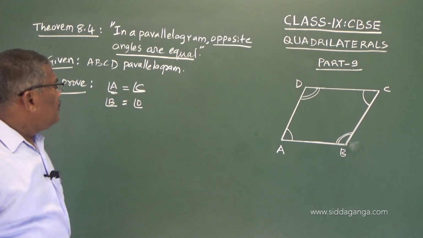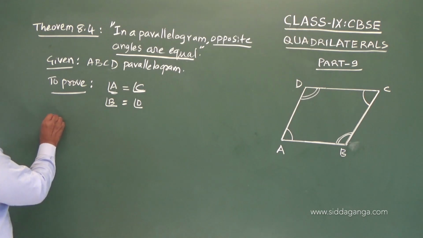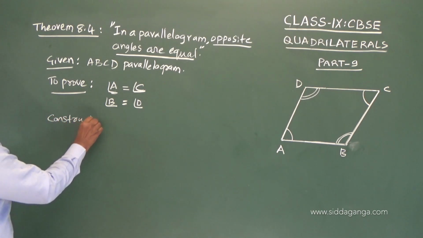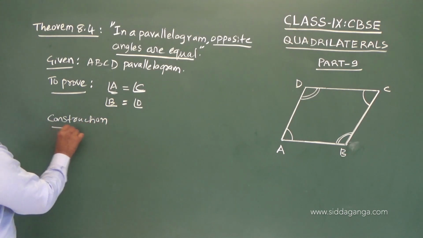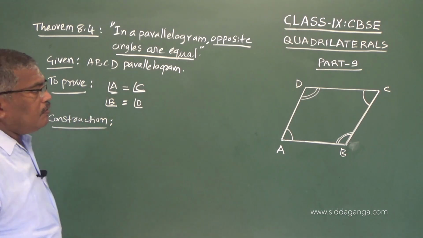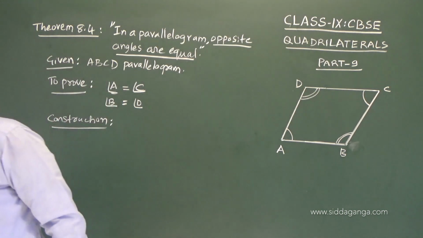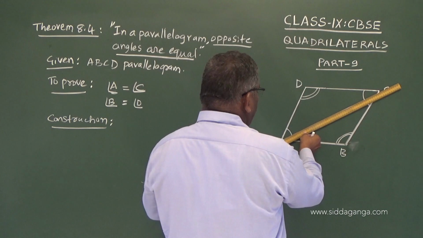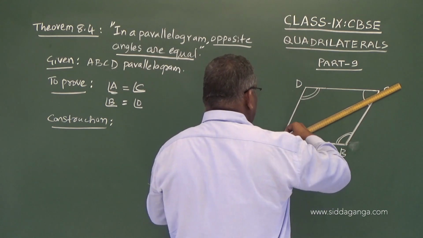So now we shall make a strong construction. So now join AC. So I will join the diagonal AC.